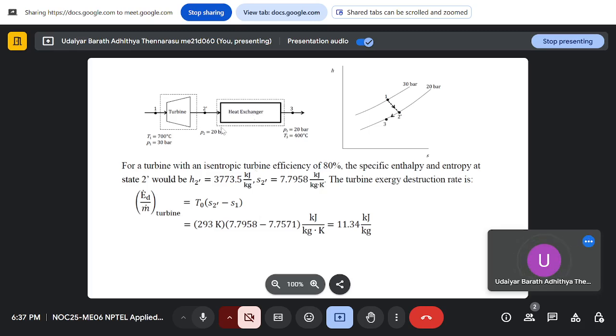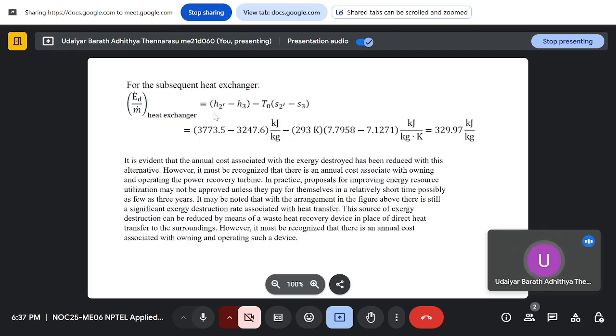So what happens is, initially we are at 2 dash now. So what happens to the heat exchanger? The exergy destruction in the heat exchanger is, H2 dash minus H3 minus T0 times (S2 dash minus S3).